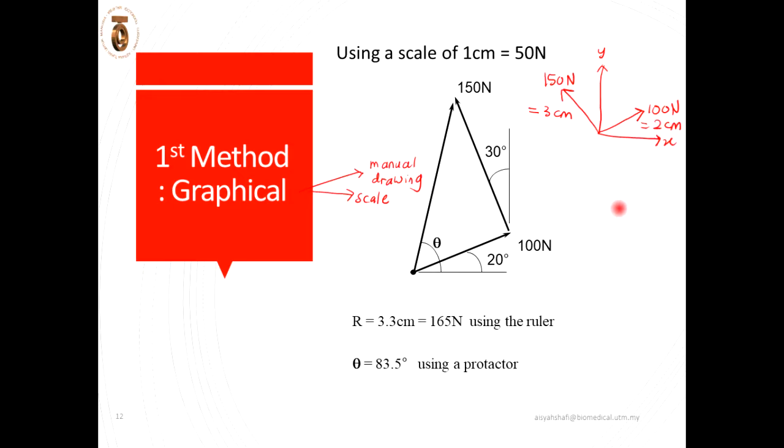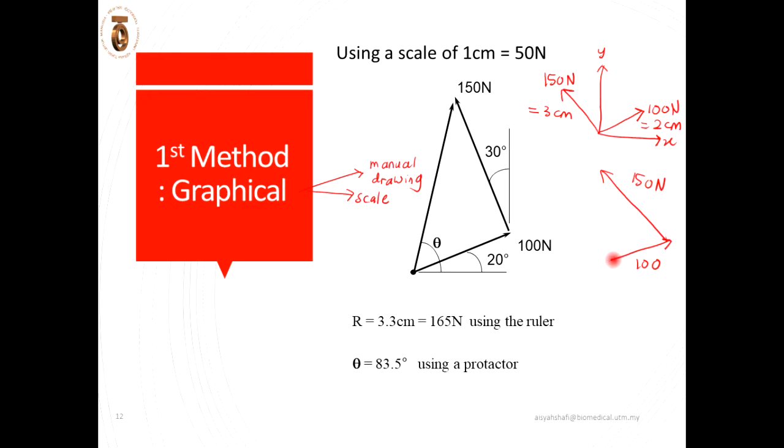So you measure this, and for the angle you need to use a protractor. You need an accurate angle. So you will get, for example, 150 Newtons here, and another one is 100 Newton. So based on the triangle law, the resultant is in the opposite direction.